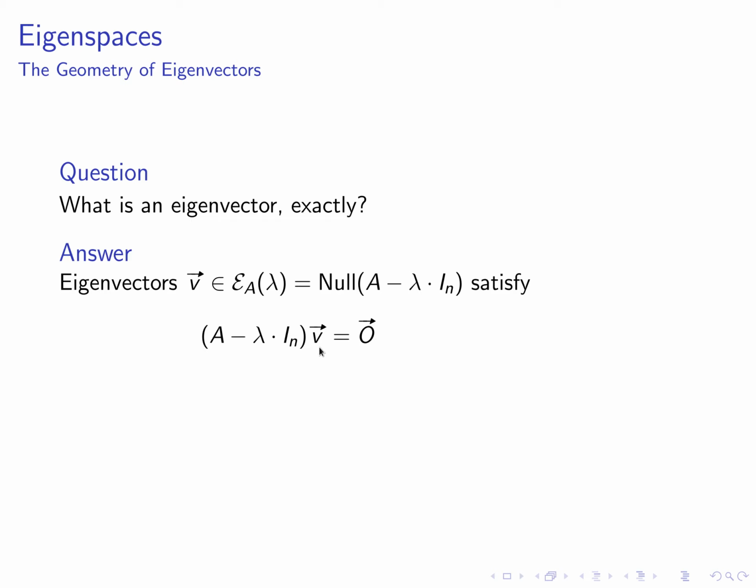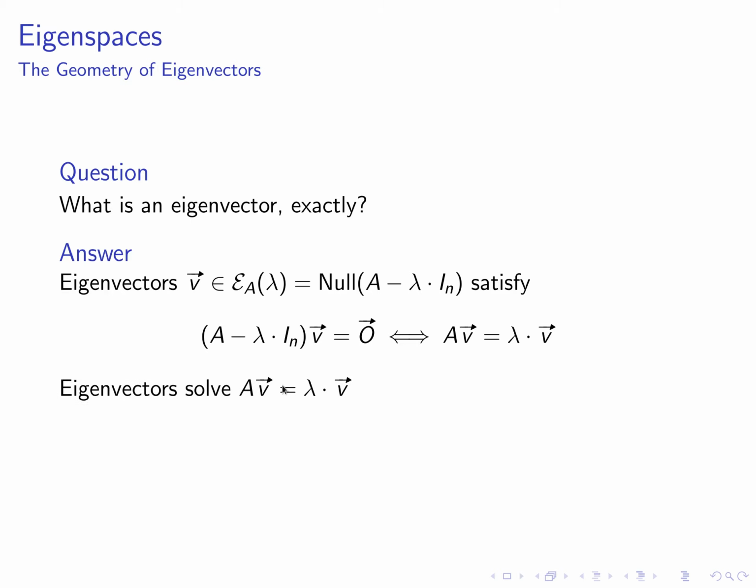And now let's point out that if we distribute V here, we end up with A times V minus lambda times the identity times V, which is really just lambda times V, equals the zero vector, which is the same thing as saying that A times V equals lambda times V. So this calculation is telling us that the vectors in the eigenspace, or the eigenvectors of a matrix, are exactly the solutions to what we previously called the eigenvalue problem associated to that matrix.